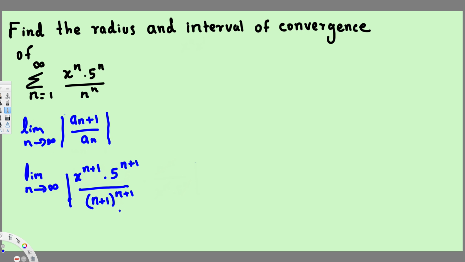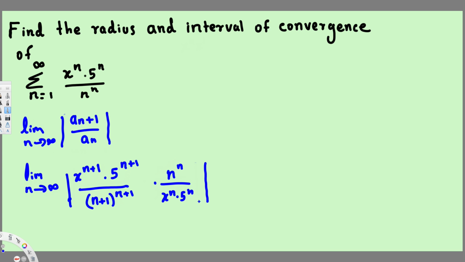Now we have to divide this by the original series, that's a_n. It's the same as multiplying by its reciprocal, so we can multiply this by n to the power n over x to the power n times 5 to the n, which is multiplication. So if you divide this by this, you will get the same result because it's going to flip around, right?